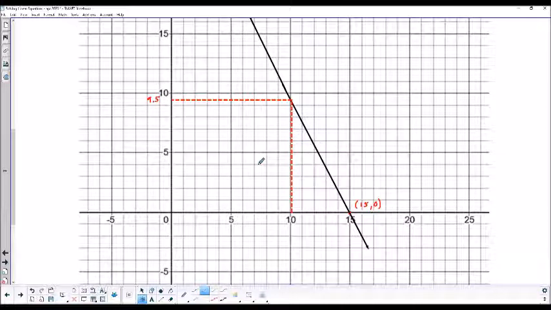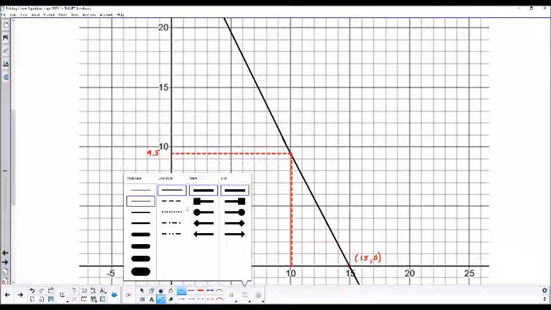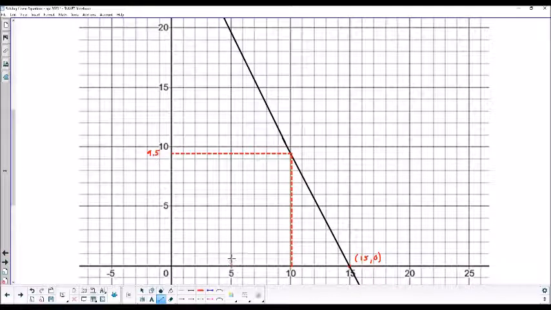That's an estimate because it depends on how well I've drawn the graph. If I want to estimate the value of y when x equals 5, I start at x equals 5, go up to hit the line, and then straight across, and I see that's about 19.5.